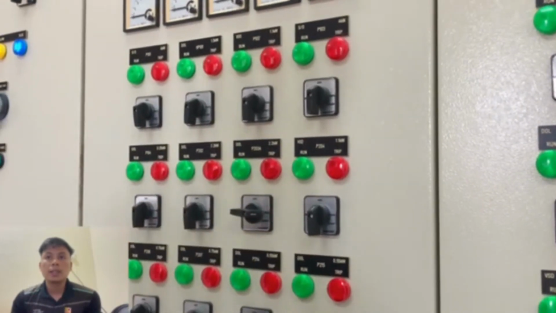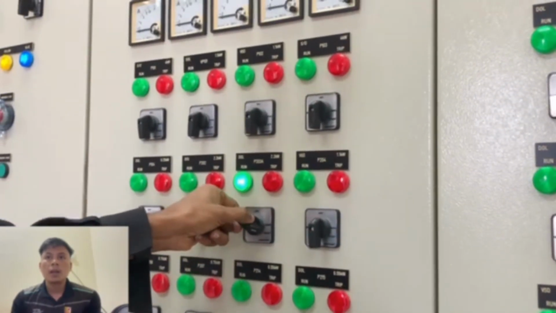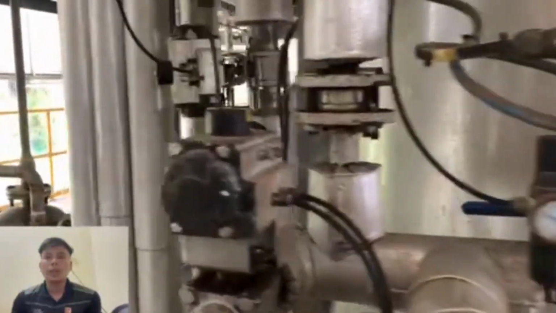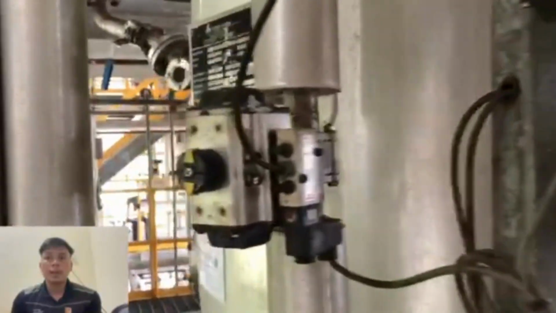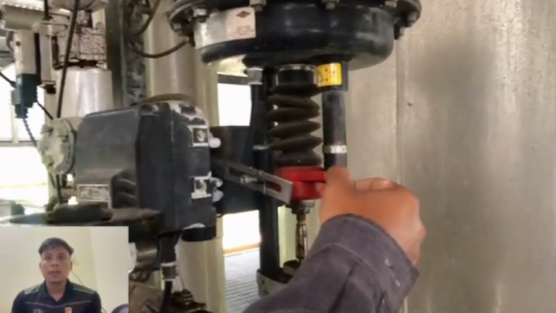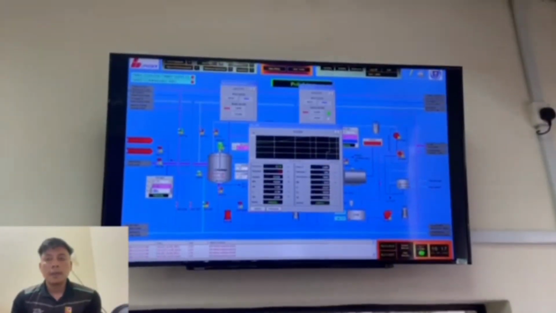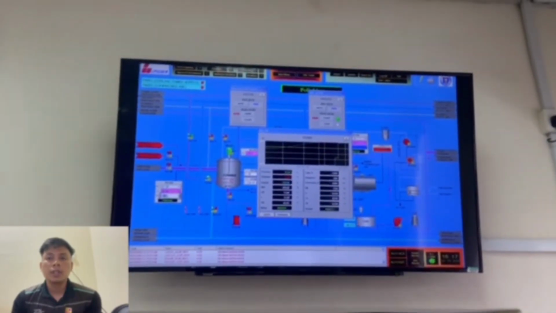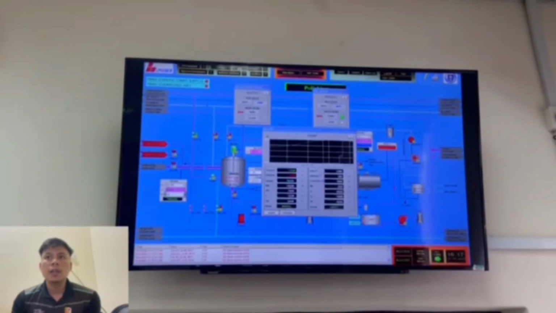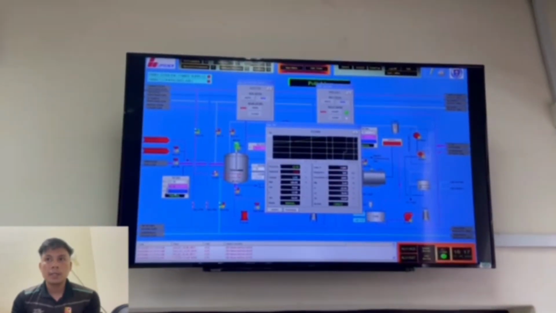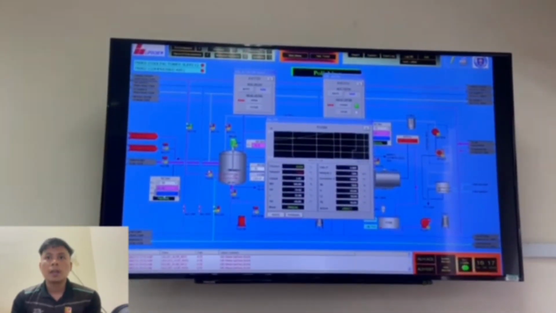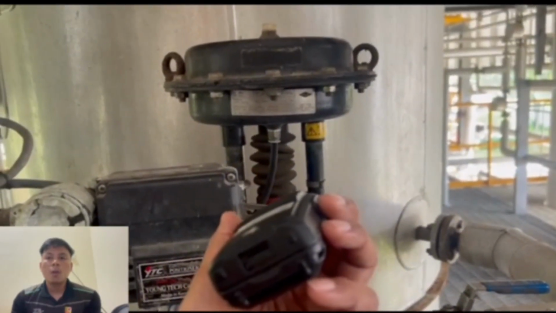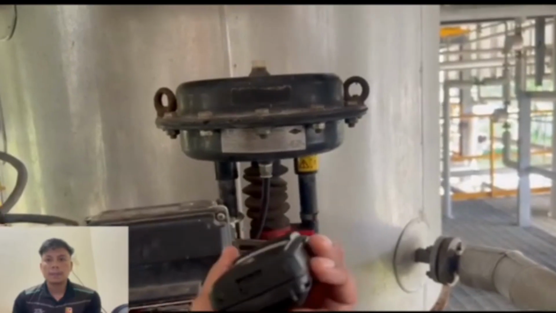Sixth, the DCS system was switched on. Seventh, the heating process line was tracked, and eighth, the process line was lined up and the equipment was test run. And ninth, the temperature was set up at the TIC 203 in the DCS for 25%, 50%, 75%, and 100%. And the last one is the automated control system was activated for the heating process.